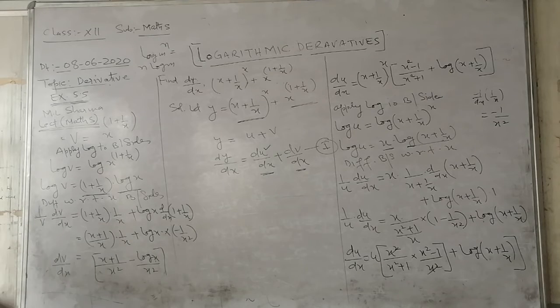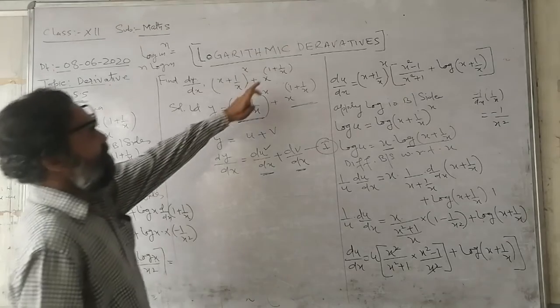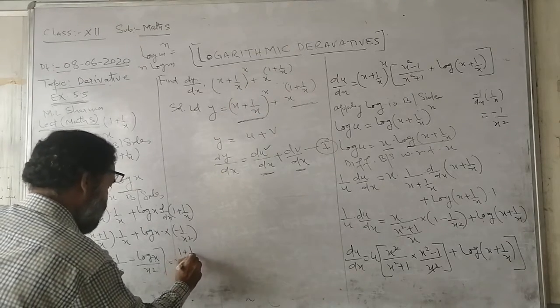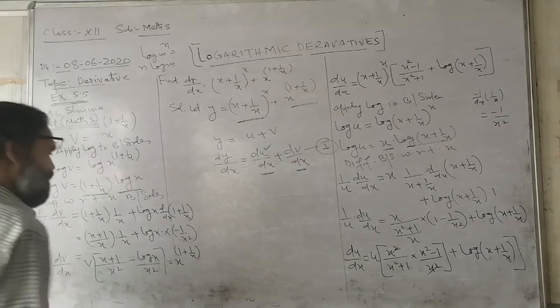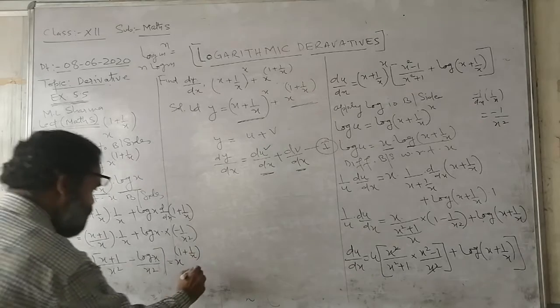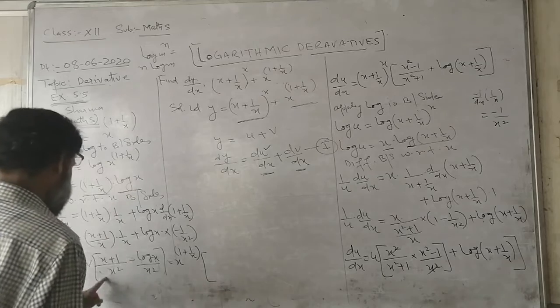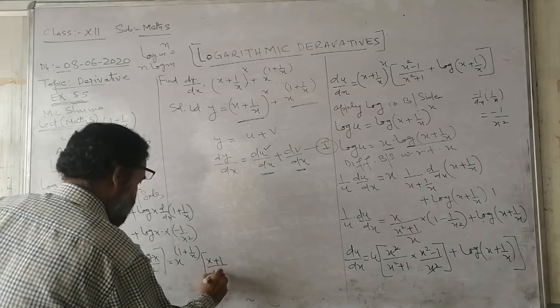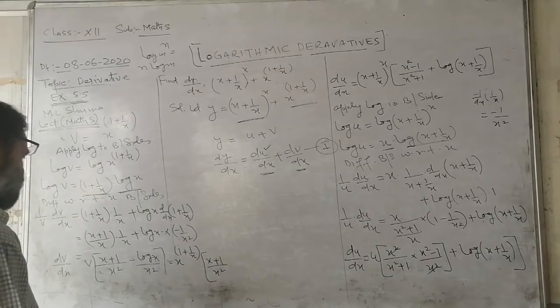And this is the value of dv upon dx. If I multiply this by v, so finally the value of dv upon dx will be the value of v, which is x raised to the power 1 plus 1 upon x into x plus 1 upon x square.